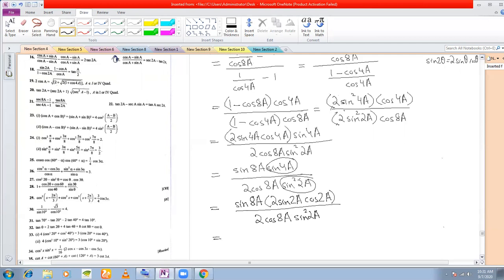Okay, so what happens here is that one sine 2a cancels from the denominator, and the numerator sine 2a goes. Okay, so what are you left with here?